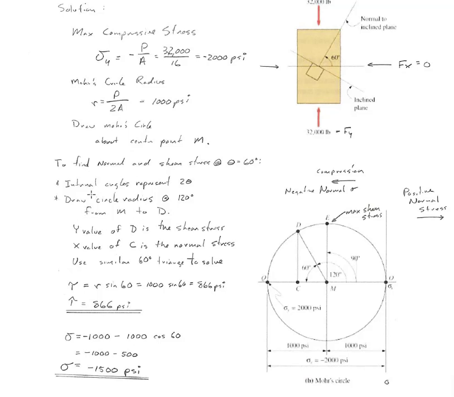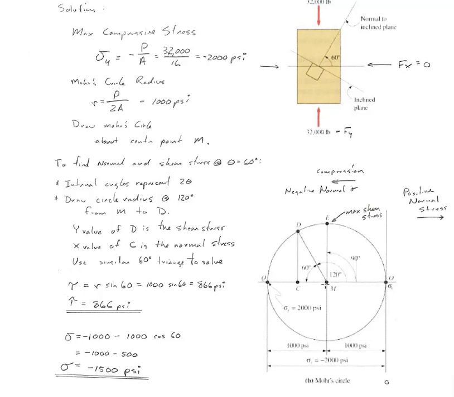Okay, draw the circle radius at 120 degrees from M to D. So from drawing a line from M to D at 120 degrees, this point D here represents what our shear and what our normal stresses are going to be at that point.